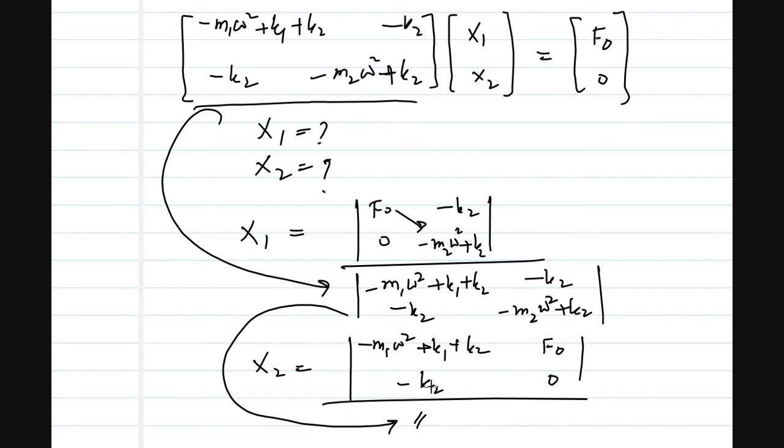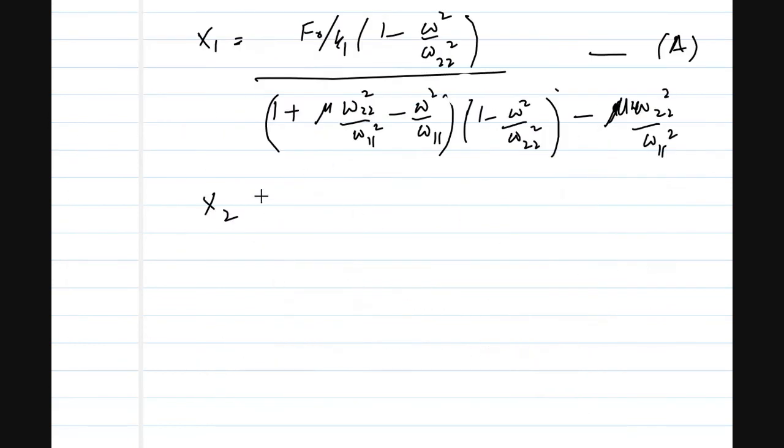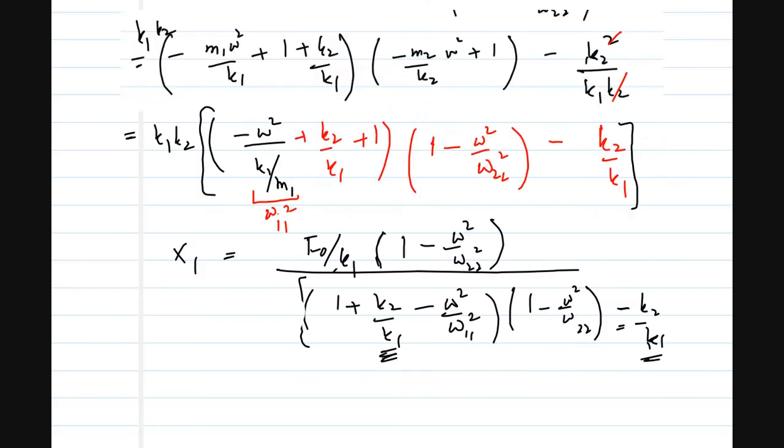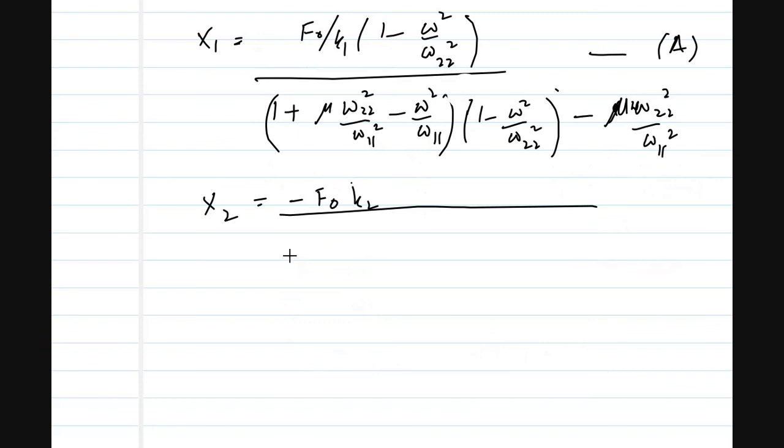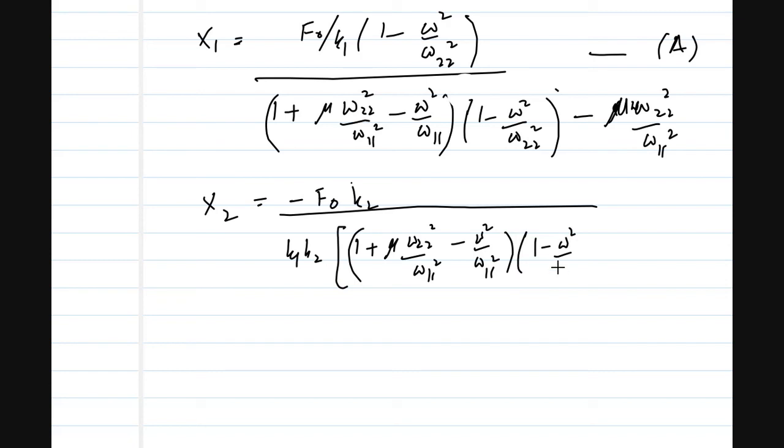So in the numerator this goes to 0, and we have only minus f naught k2, divided by, in the denominator we have k1 k2 and then this whole term: 1 plus mu omega 2 square over omega 1 square minus omega square over omega 1 square, into 1 minus omega square over omega 2 square, minus mu omega 2 square divided by omega 1 square.